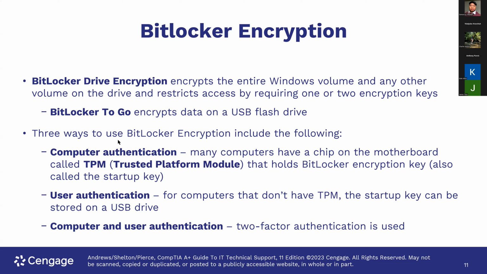So there's three ways to use it: computer authentication, so that holds the BitLocker encryption. So this is more of the inner workings on how it actually works. Then user authentication for computers that don't have the TPM, the startup key can be stored on the USB drive. And then finally, computer and user authentication. It can be just like a two-factor authentication kind of setup.